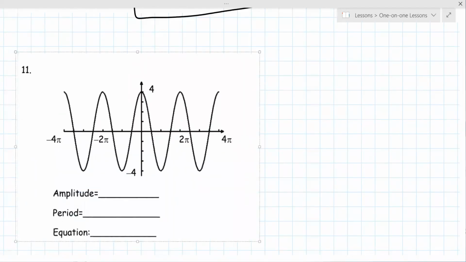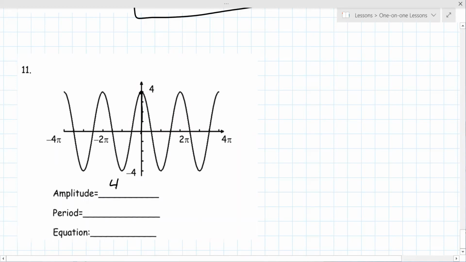All right, so the amplitude is from the origin up to here. The amplitude is 4. The period is, again, you could do this thing where you go back to where you started. You could also go peak to peak, which is kind of the same thing, or you can go valley to valley. Here it's 2 pi, so it's 2 pi minus 0 equals 2 pi.